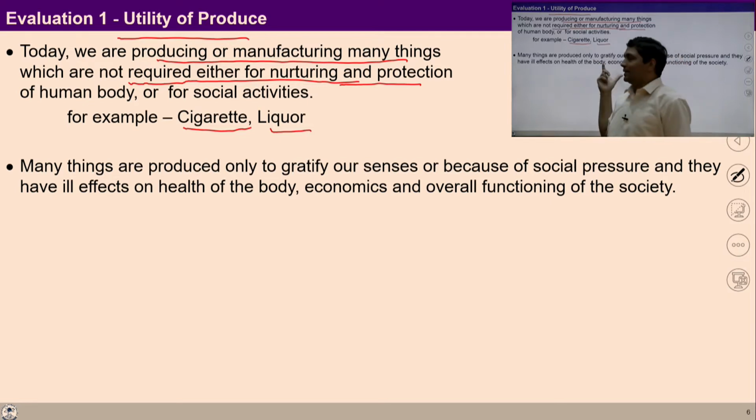As we discussed earlier, before production there should be a clarity of need. There should be clarity of need before starting any production system.